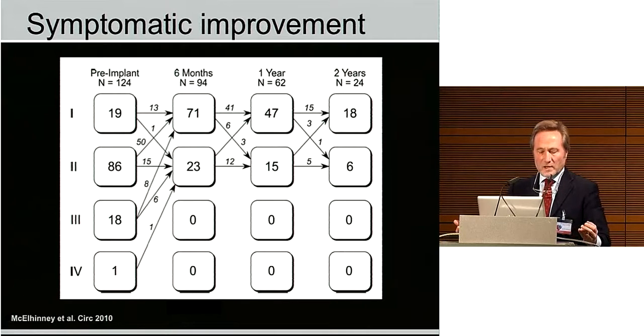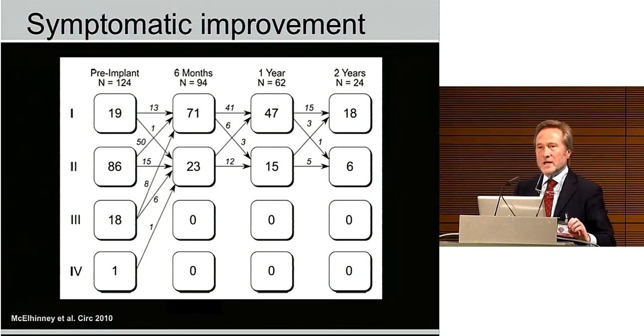There is a symptomatic improvement in the majority of the patients, either for the patients treated for stenosis or regurgitation, or a combination of lesions. This is from the clinical point of view.